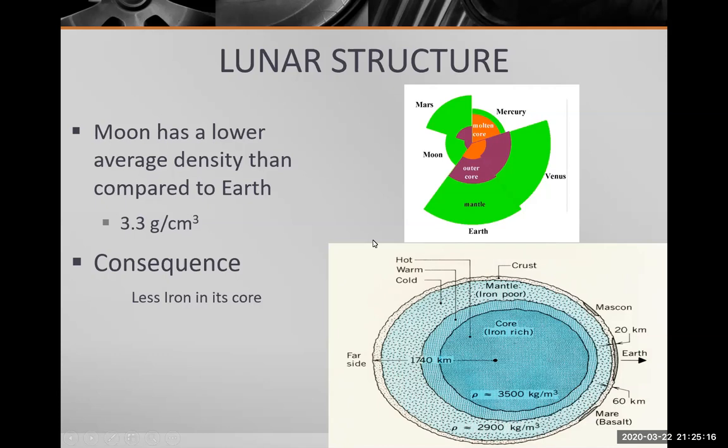But because the actual core is only warm and hot, it turns out that the liquid part of the core is minimal, practically non-existent. And what that basically means is that the moon doesn't really have a quote-unquote planet-wide magnetic field the way that the Earth does. The magnetic field on the moon is so pathetic that if you try to use a good old-fashioned compass to navigate, it actually wouldn't be able to work.